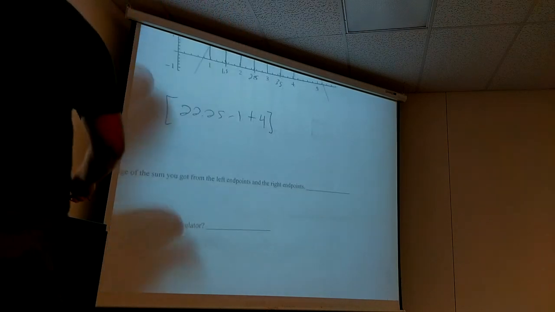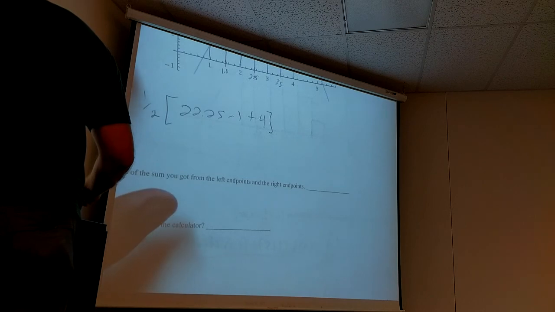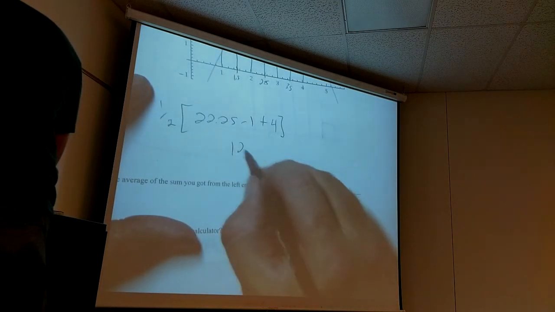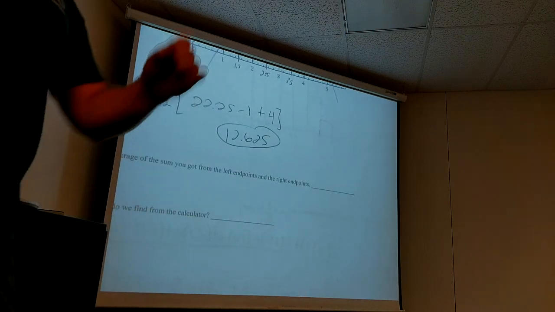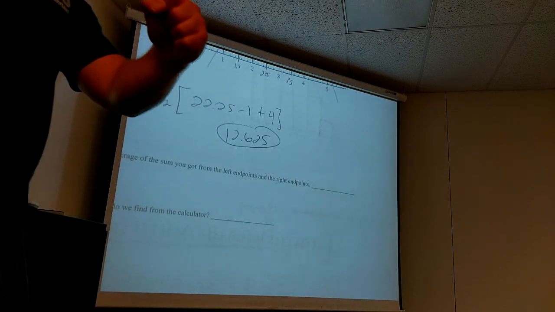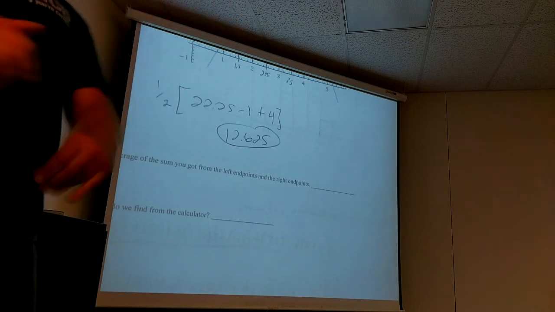So what do you get here? I get 12.625. Is that what you guys got? Okay, I like it. Some of you will stare at your wrong answer going, yeah, I got it.